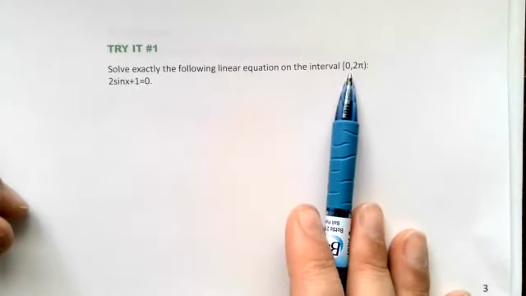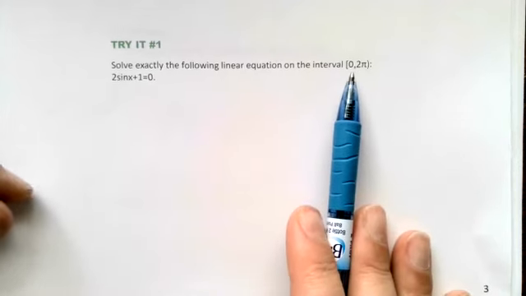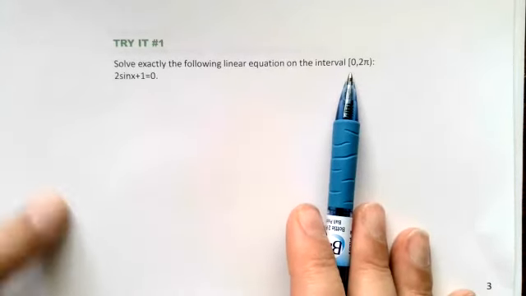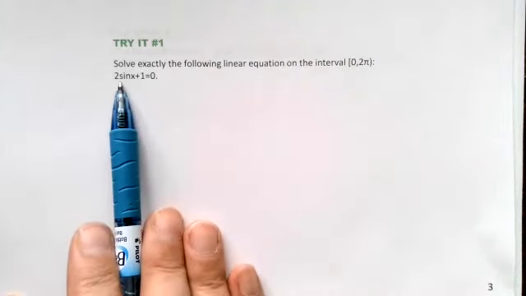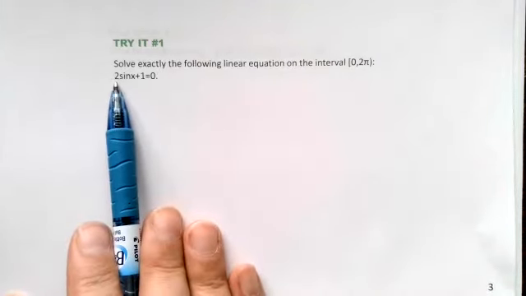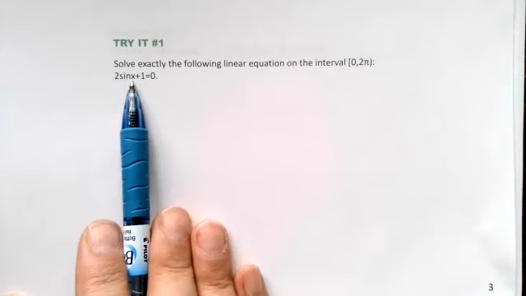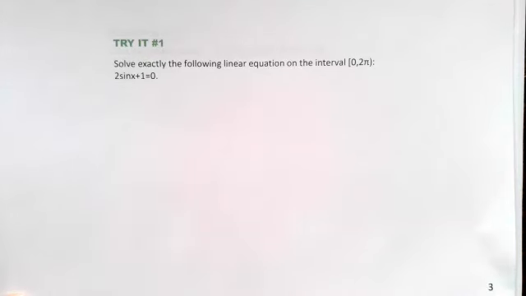So theta is from 0 to 2 pi. It could be written in different ways, but I want you to understand that. Okay, so our equation here is 2 multiplied by sine x plus 1 equals 0. Go ahead and try it.